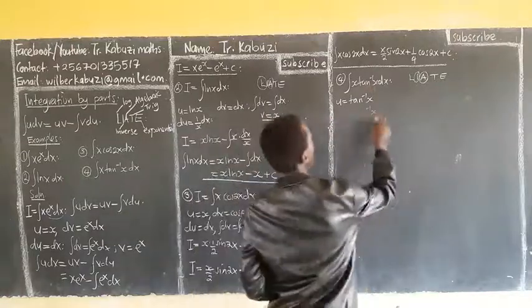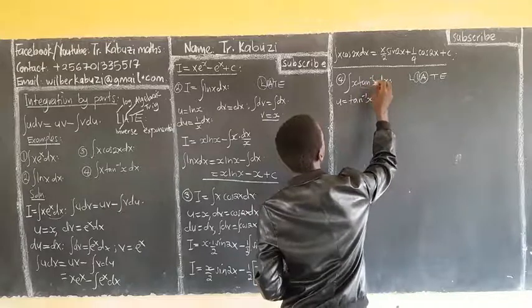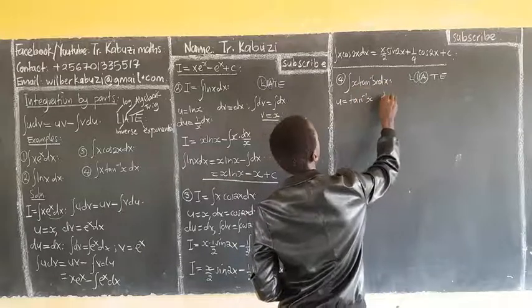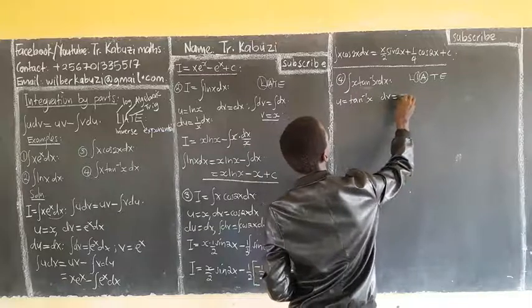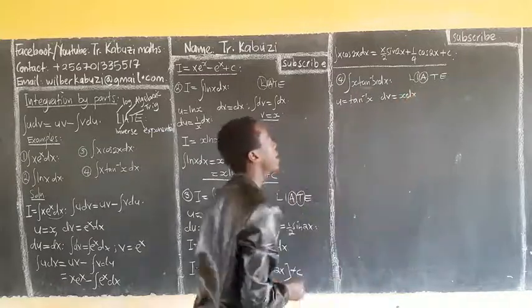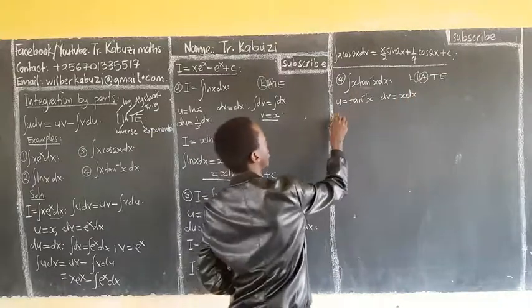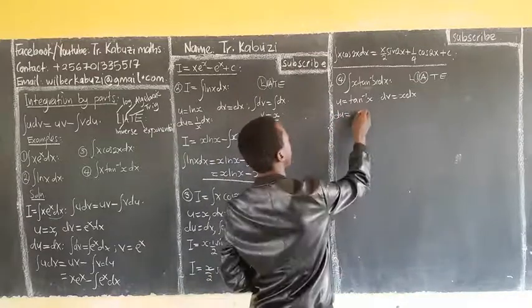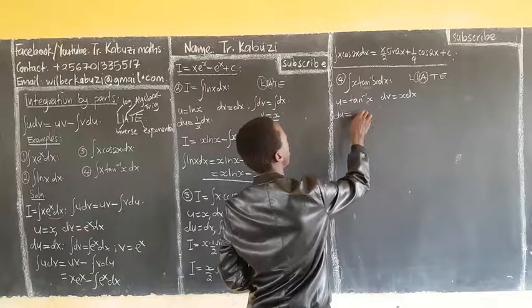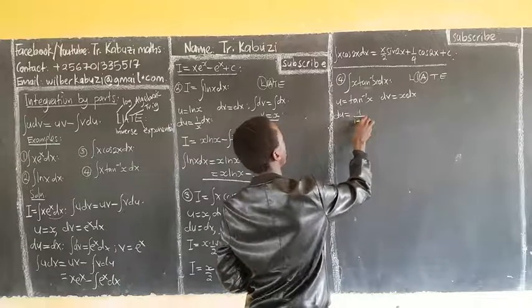So now the remainder, so my dv, is x dx. We differentiate to get du: when we differentiate tan inverse of x, we get 1 over 1 plus x squared dx.